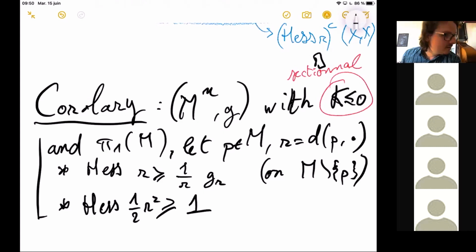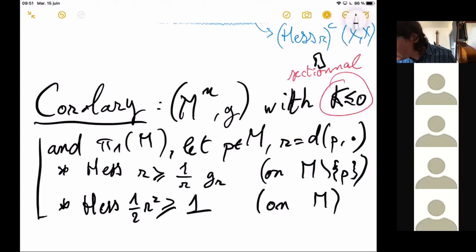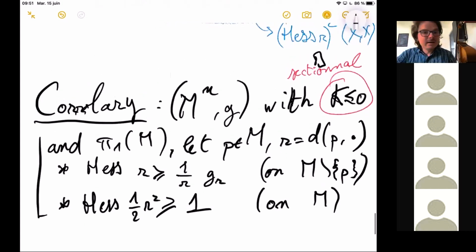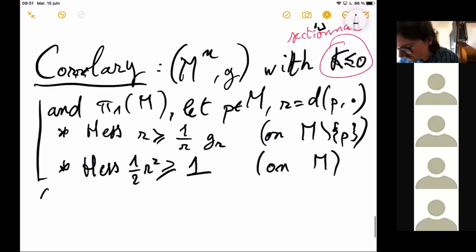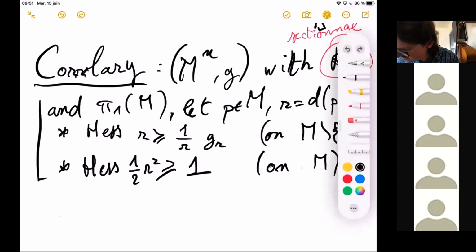So in Euclidean space, if you want to build a smooth function, you just square it, and you might as well square half of it to get a Hessian which is just the identity. And this will be true on all of M. So this will work only, yeah, maybe let's make a remark.